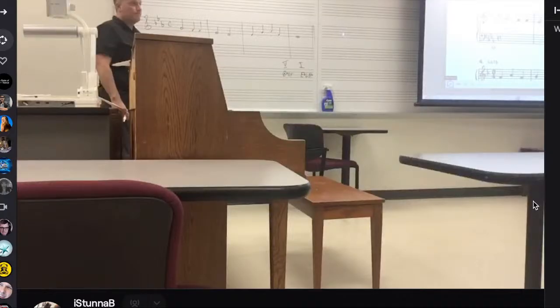And if F is the 5th of the chord, what would be the root? B. There you go. B flat is what note in the key of E flat? All right. E flat the root, then that's going to be our 1 chord.